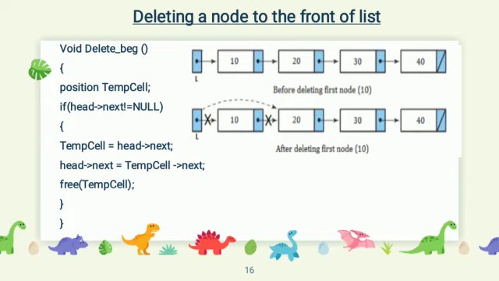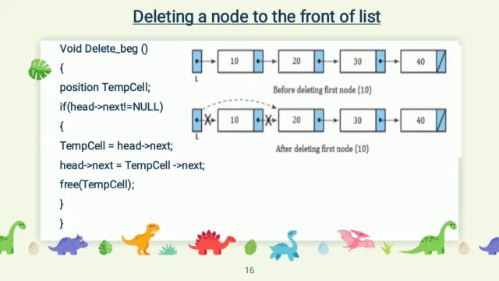Before that we check one condition, that is, whether head of next is equal to null or not. If head of next equals null, it means there are no more elements in the list, so there is no need for the deletion operation. So we must check the condition first.